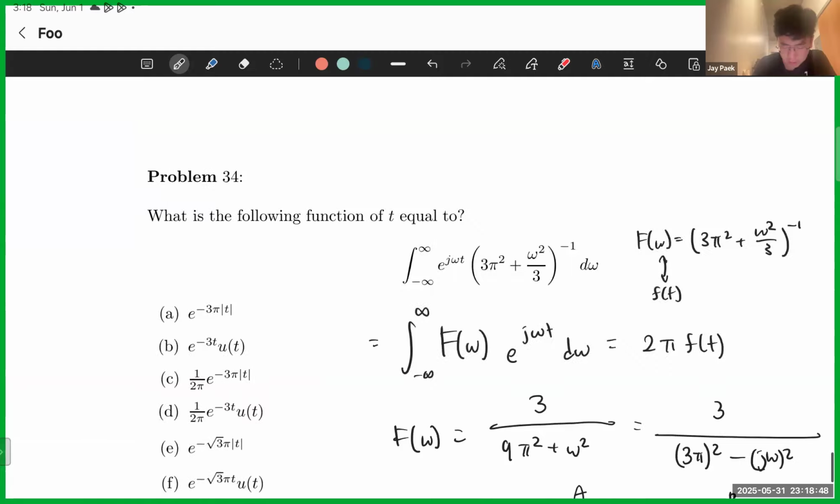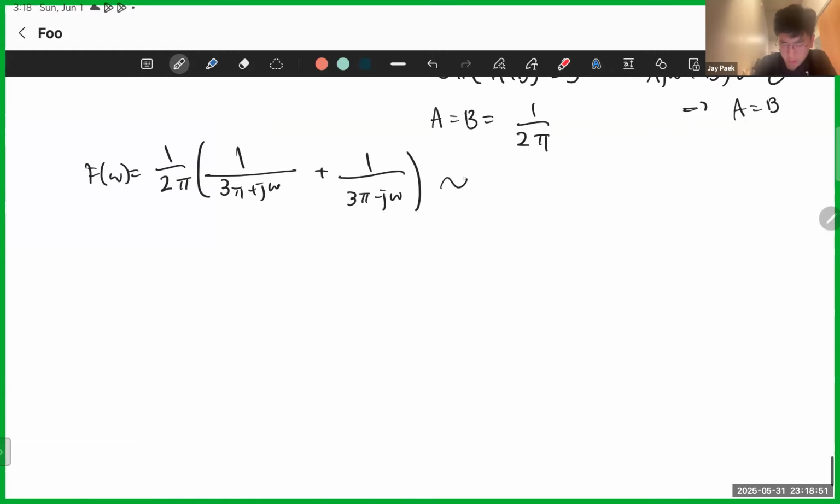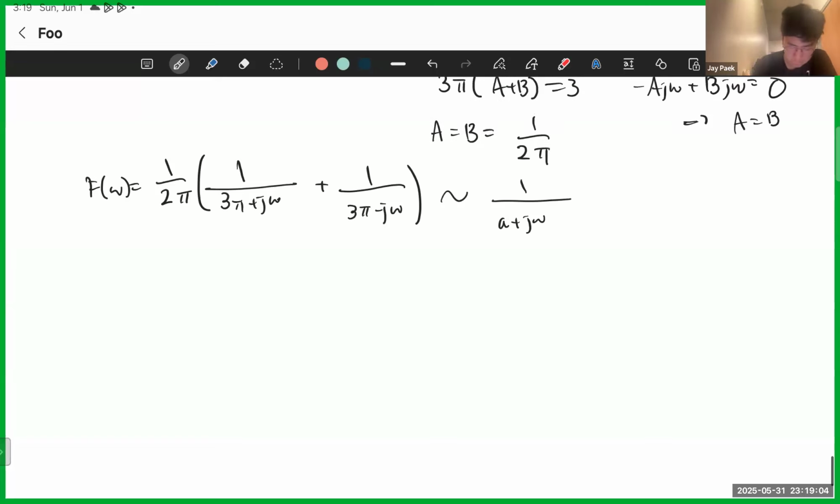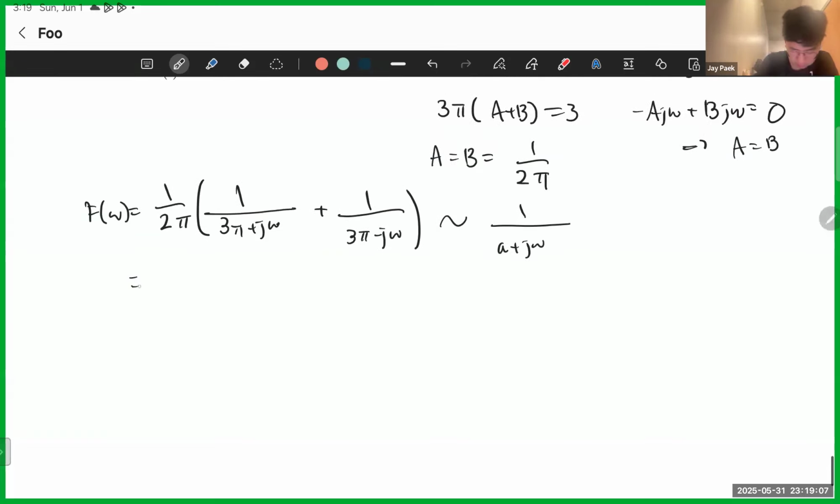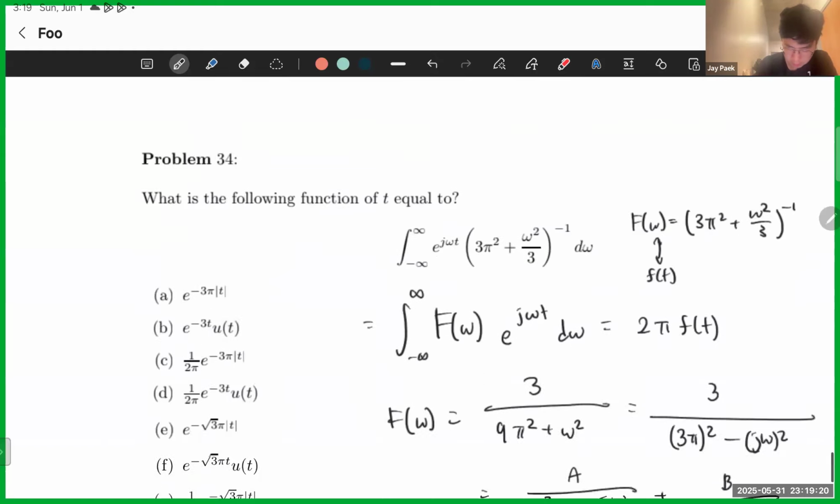And now from here, we have a sum of these two things, and this looks very similar to 1/(a plus j omega) or 1/(a minus j omega), whatever. So we could use our known Fourier transform pairs, in that now this is like 1/2 pi of this plus 1/2 pi of this. So we have this kind of function.